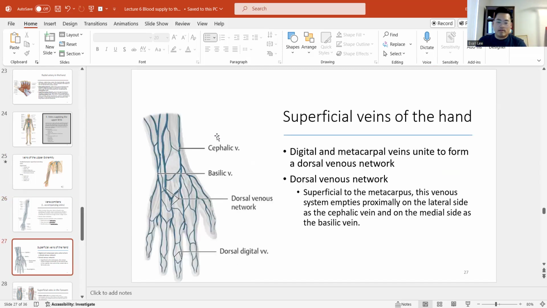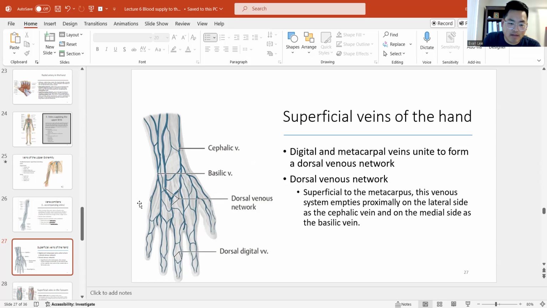But you also have superficial veins, and those veins are a little bit different, I guess. We haven't really used terms like this as much, but the first of which does make a little bit of sense: something called the dorsal venous network.